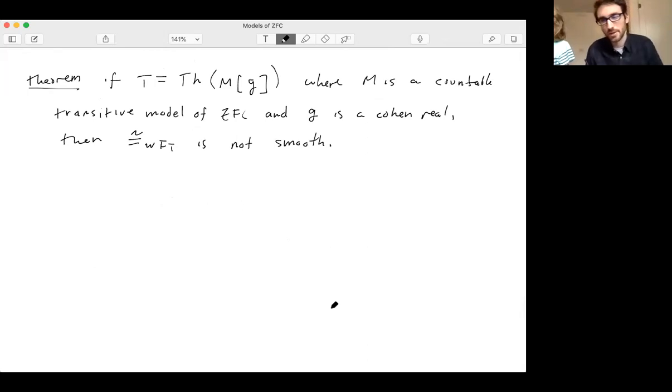And it probably should be much higher than just not smooth, but that's what we can say for now.